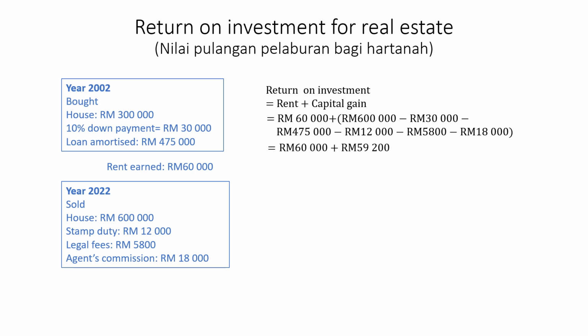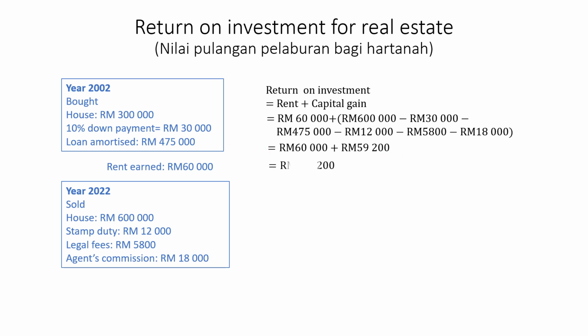And I still have another 59,200, that is the capital gain. So you can see the house doubled in price, but I have only gained about 59,000 after deducting everything.